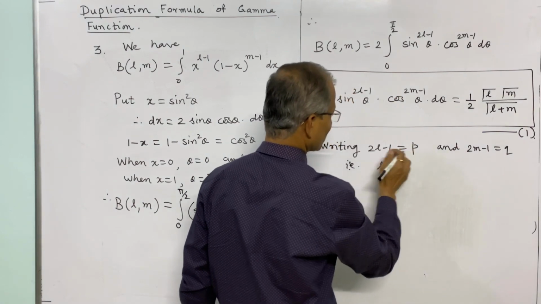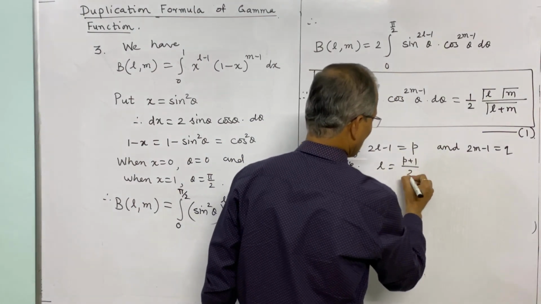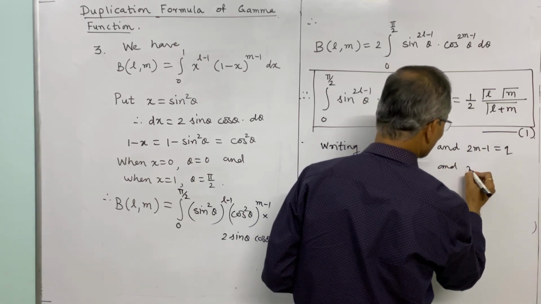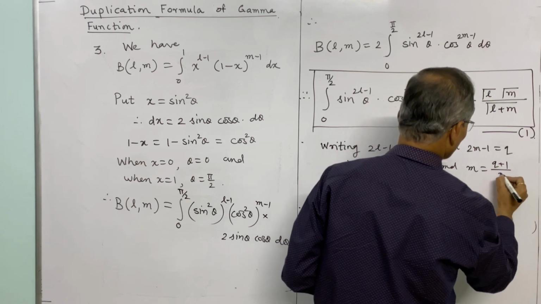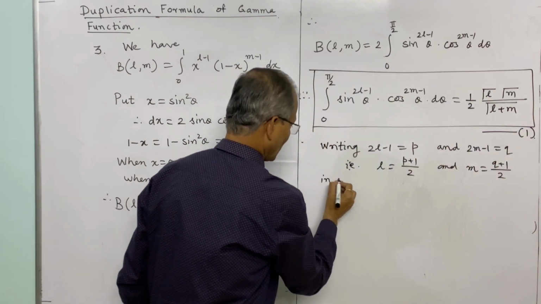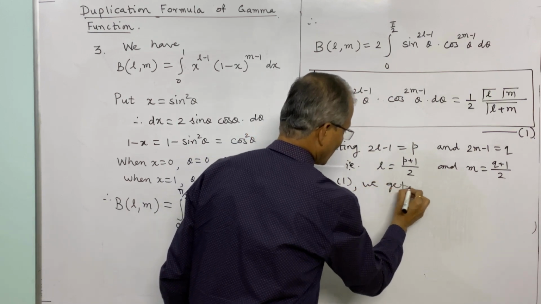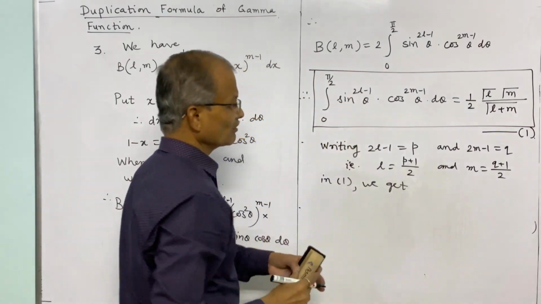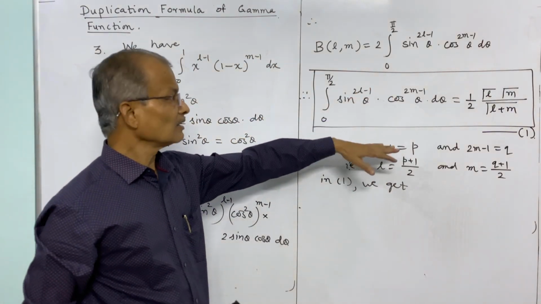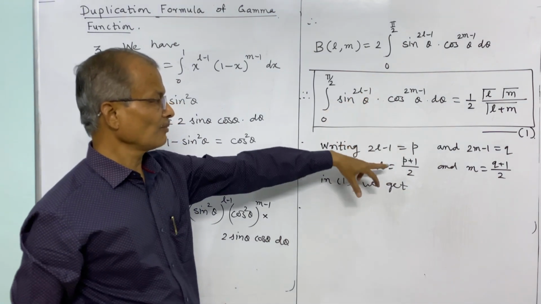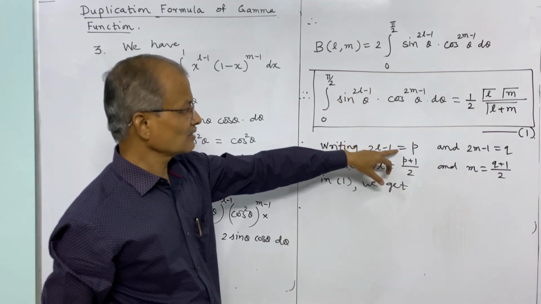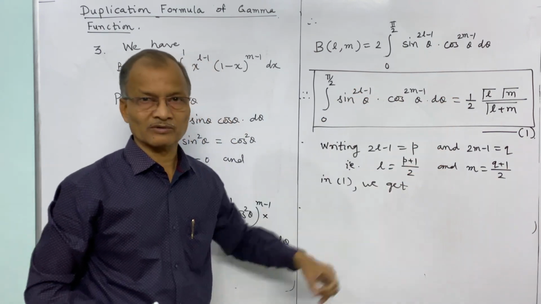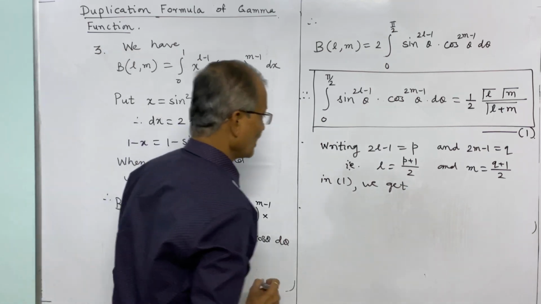L will be P plus 1 by 2, and M is Q plus 1 divided by 2. We are not making a substitution, we are only changing the parameters L and M to P and Q. On the left side we write directly P and Q, and on the right side we have to put these values of L, M in terms of P and Q.